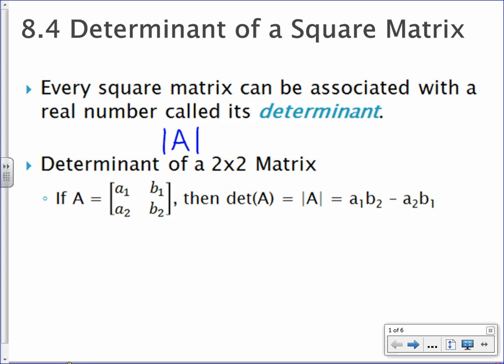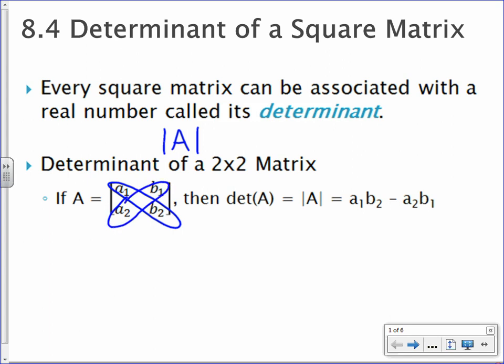This is how you're probably going to see it in your book, that absolute value sign. To find a 2 by 2 determinant, we're going to take A1 times B2 minus A2 times B1.